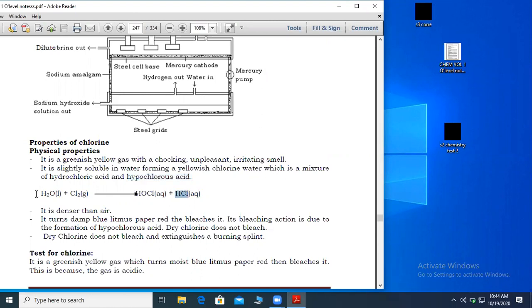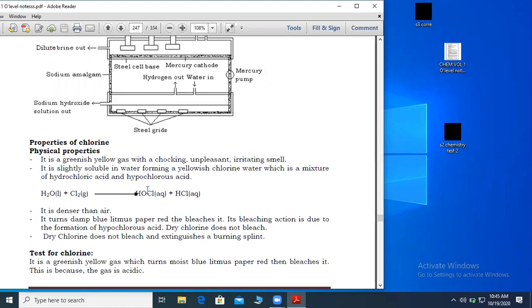Please, this equation is very important. When chlorine is added to water, it forms two substances. One of them is hydrochloric acid, and the other one is hypochlorous acid. And this is the formula of hypochlorous acid.